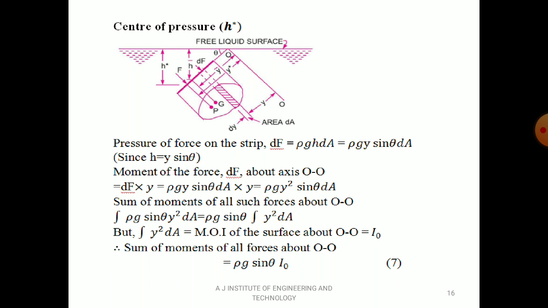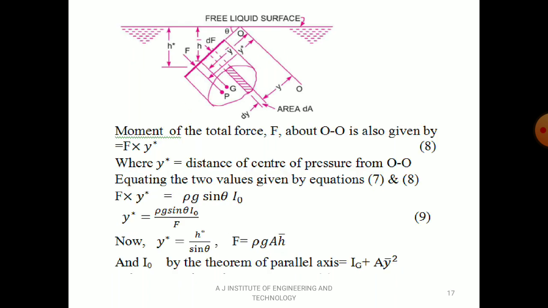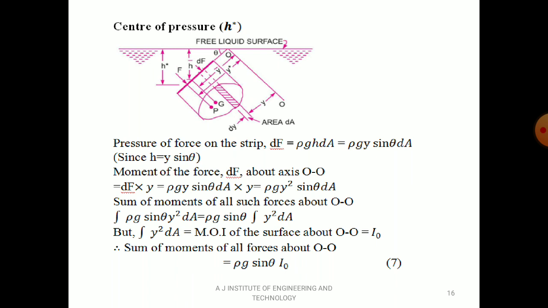This moment of component forces should be equal to moment of resultant force. So moment of resultant force, how to calculate? Moment of total force F about OO is also given by F into Y star. So F is acting at a distance of Y star from OO.